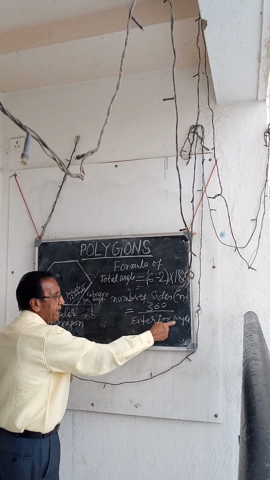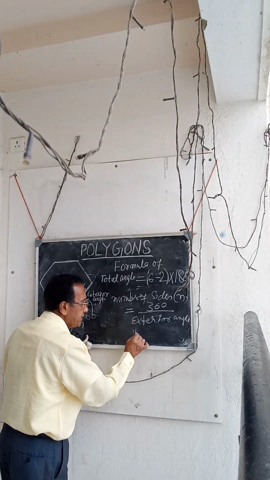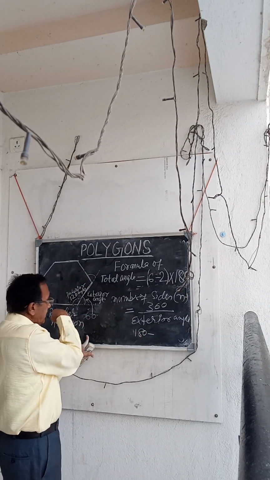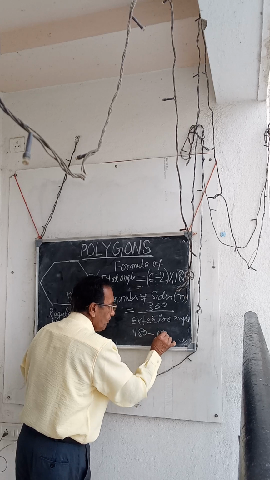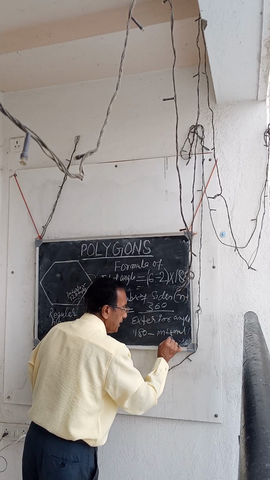So we will have to find the exterior angle. How will we find the exterior angle? 180 minus the interior angle.